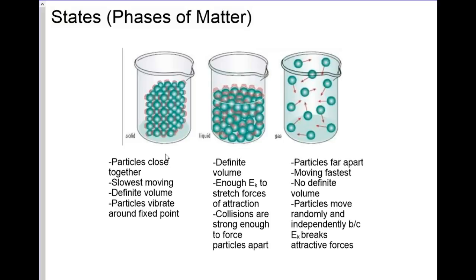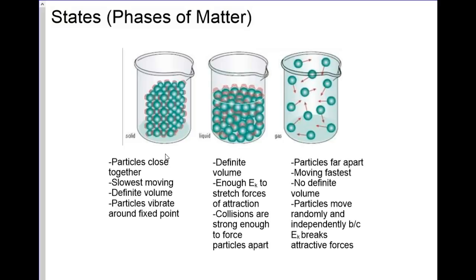When those particles start to vibrate and to turn around, they have more kinetic energy, which means that they're going to take up more space. They're going to start hitting their neighbors and pushing their neighbors away a little bit. Gases have the most energy.